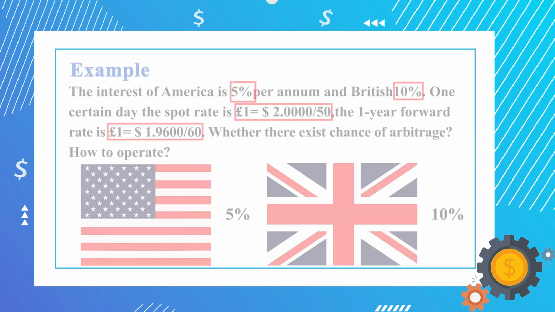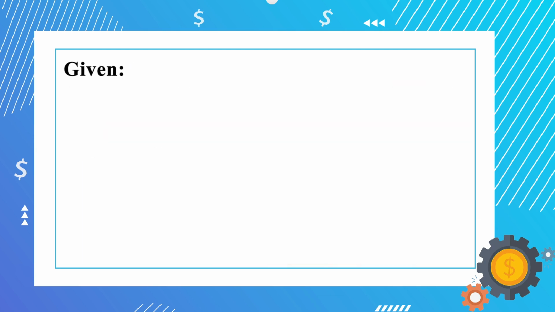In the example, the information given is written with mathematical symbols. Interest rate of dollar equals 5%. Interest rate of pound equals 10%. Spot rate equals $2.0000/50 per pound.